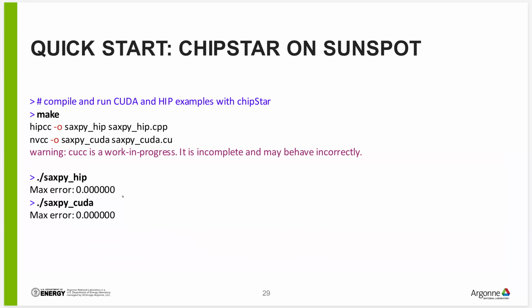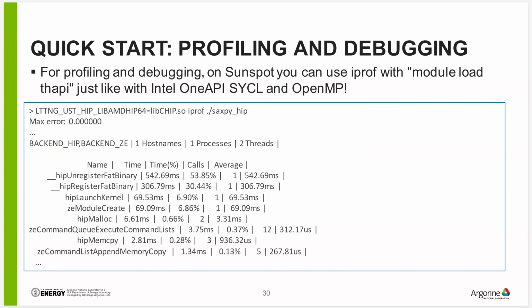If you want to ascertain you're running on the GPU, one tool you can use is our lightweight iProf tracer. Some of you may be familiar with it. The only difference is you need to give it the name of the heap library you want to trace. By default, it uses the AMD heap64 name.